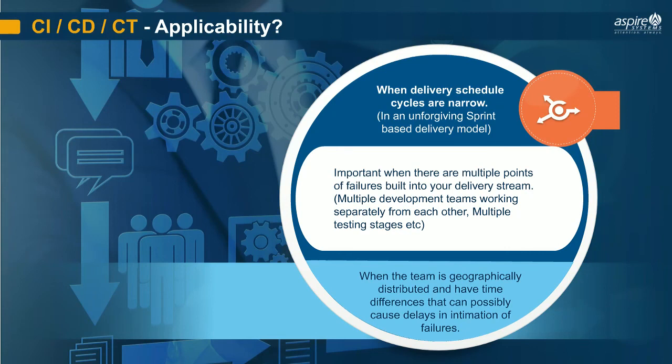So if your pipeline has to go through several teams that are geographically or functionally distributed, then it again makes sense. So CI/CD is definitely applicable in these cases. In any other case, I'm not saying it is entirely pointless, but please make sure to measure your return on investment and make sure that you're getting a better return on investment than before.